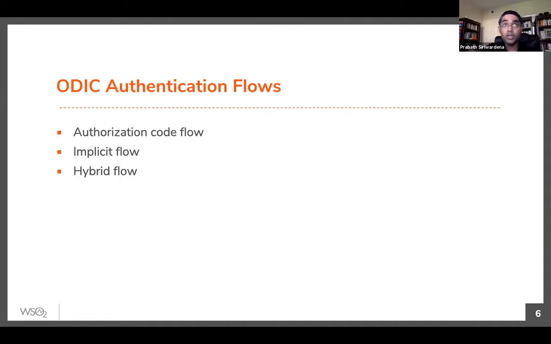The authentication flows in OpenID Connect use some of these grant types, but define their own protocol for how to get an ID token from the authorization server or the OpenID provider, right? So you define that in 3 flows. We'll go through each and every flow and see how those work.